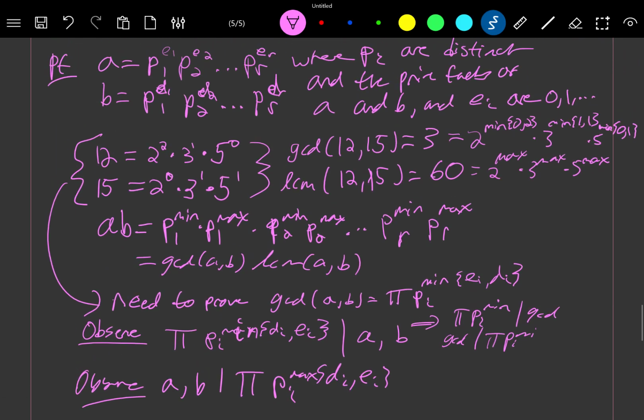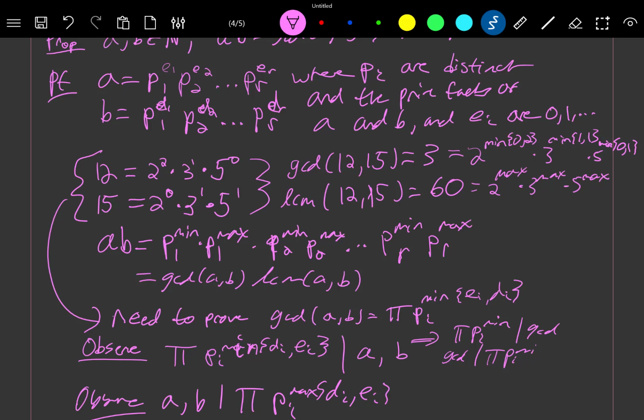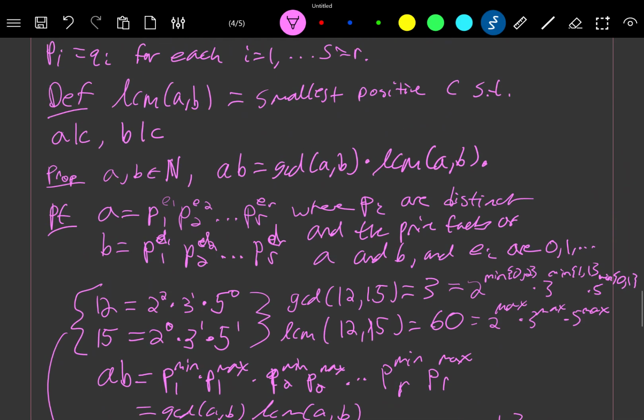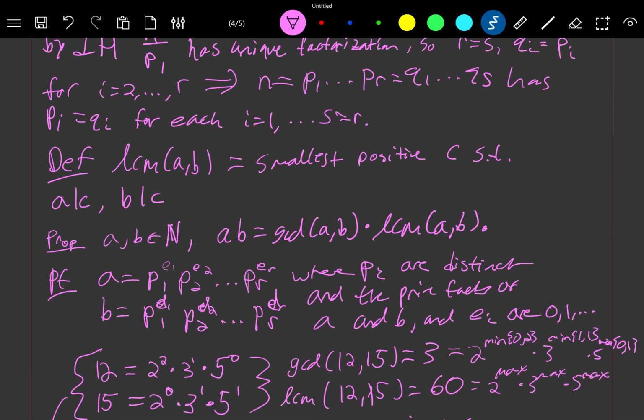And this is because you can only add powers. And this is the smallest possible way you can do it, because for it to be a common multiple, each of these Pi has to have at least a factor of the maximum. And so this is one way you can see that the product of two integers is the greatest common divisor times the least common multiple.